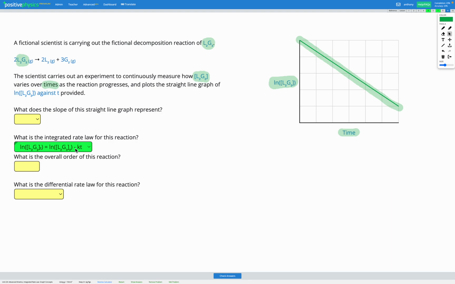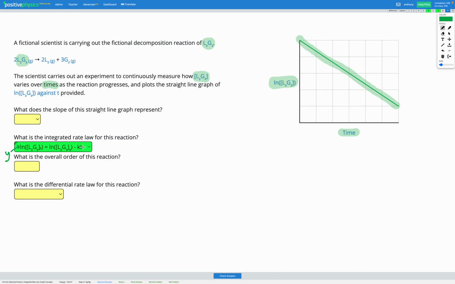So based on that, what does that mean the slope of the straight line graph represents? So again, mapping that to y equals mx plus b. On our y-axis, we've got ln of L2G3. On our x-axis, we've got time. So mapping that to our equation, on the y-axis, we have ln concentration of L2G3.